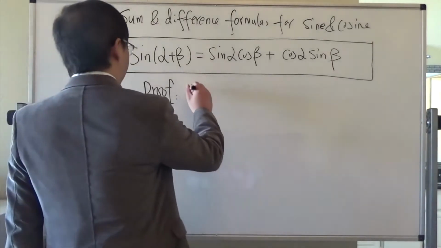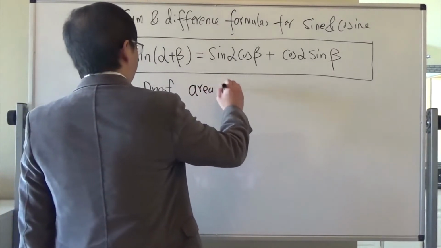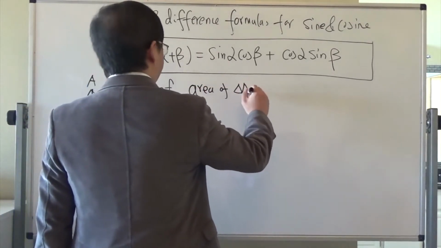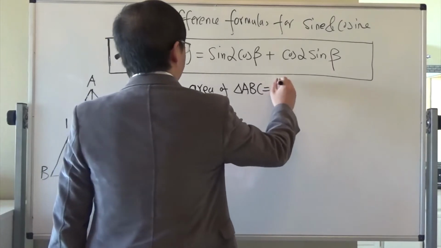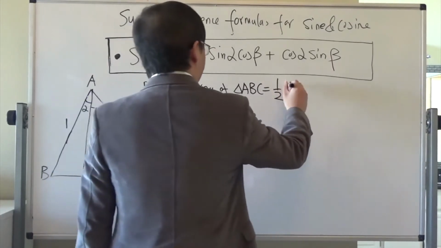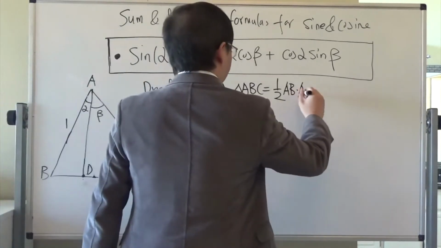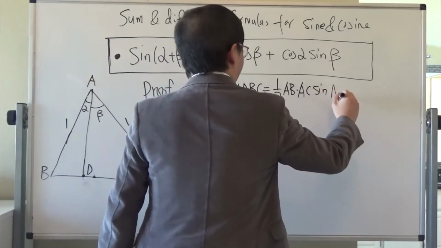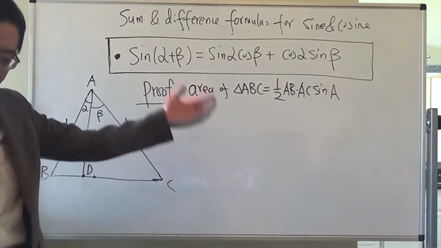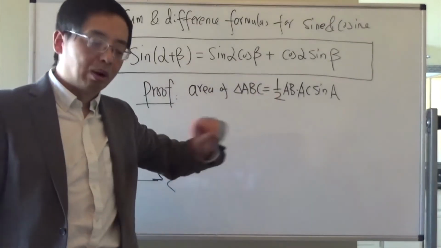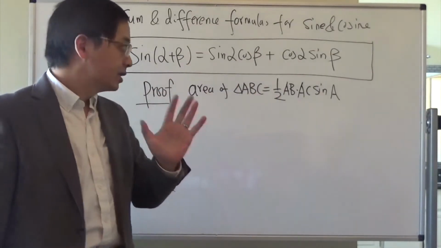The area of triangle ABC equals 1/2 times AB times AC times the sine of angle A. This is what we derived before when we proved the law of sine.